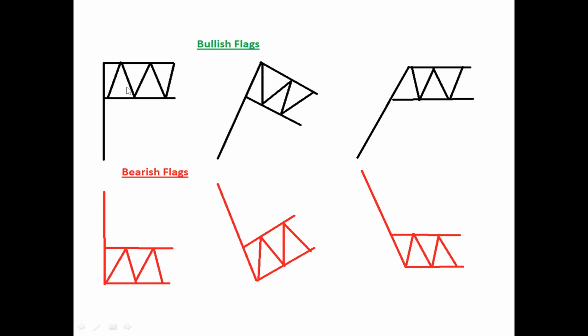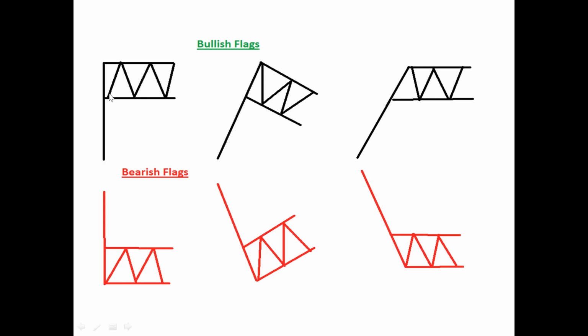Now this is a bullish flag. A bullish flag is formed with an impulse up move. This pole is not formed by a gradual move. Gradual move means slowly. It's not like the market is moving slowly up and we are having this pole. We have a sudden up move, an impulse move, that's called an impulse up move.